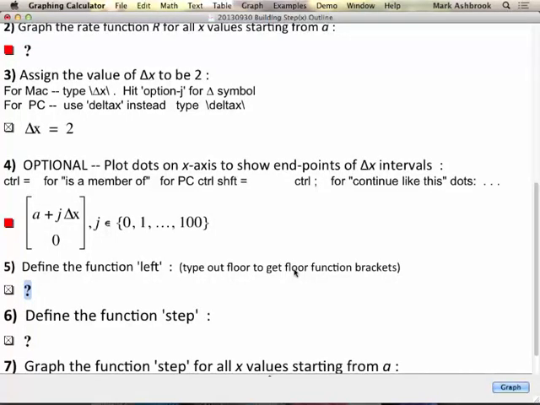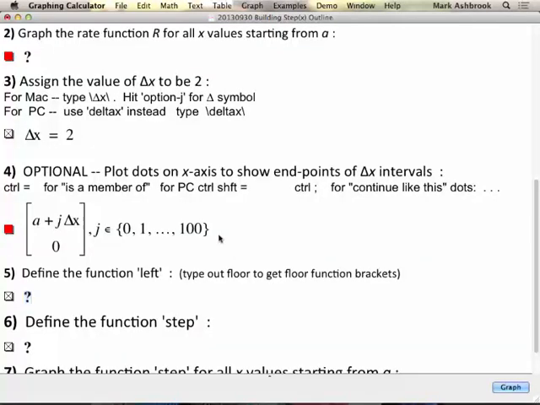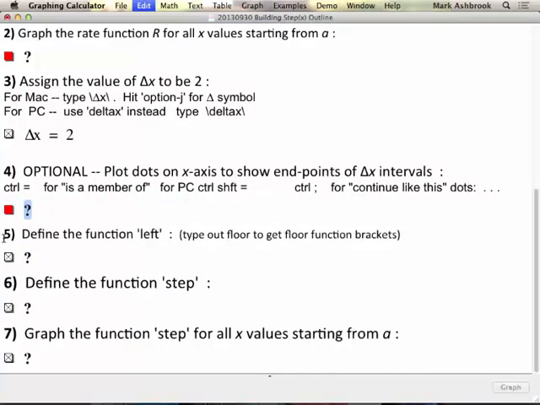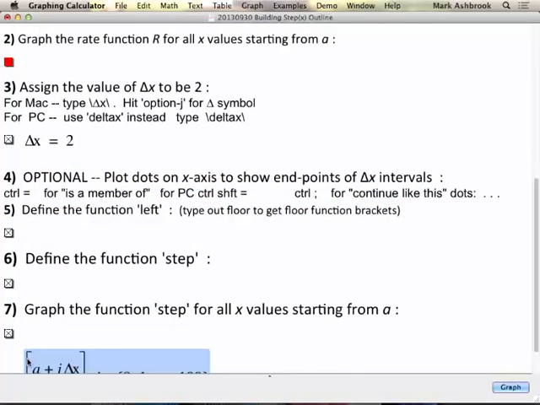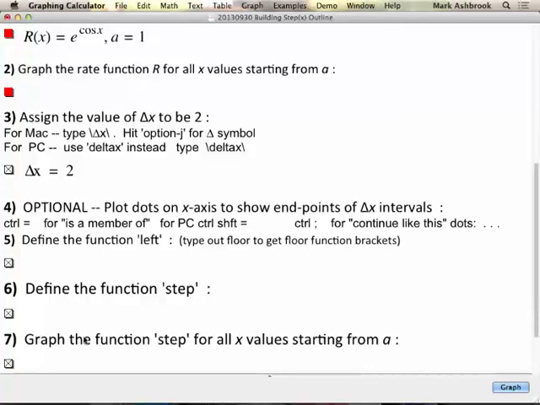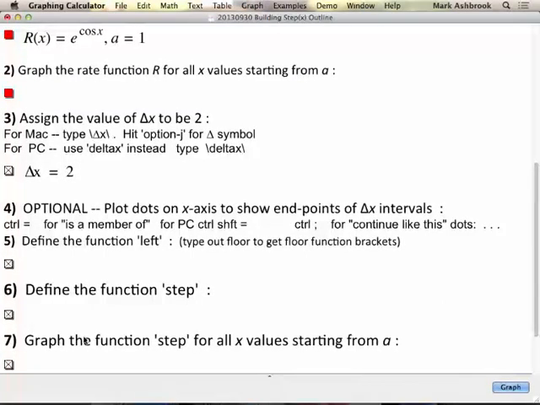Again, that whole word step is like capital R, or like left. It's the name of the function. So let's see how we do on this, okay? So these are your tasks.